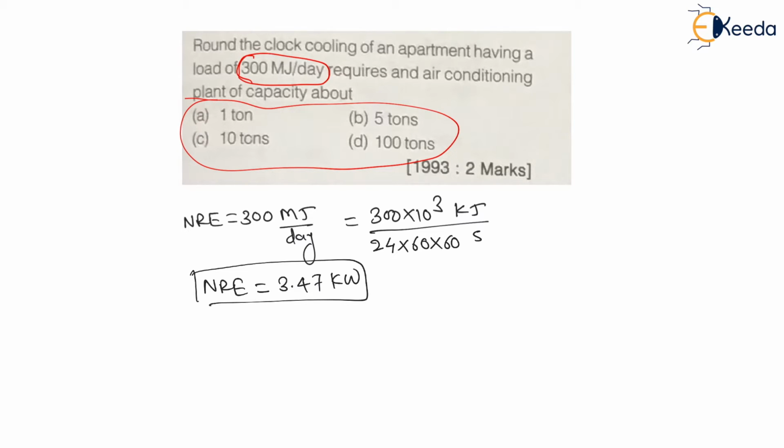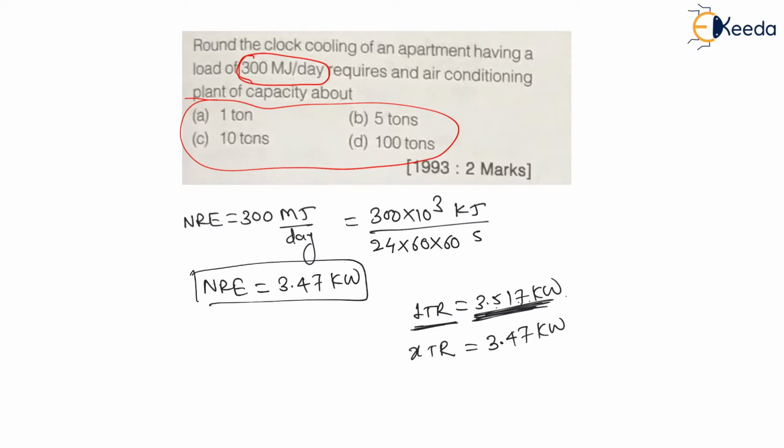Therefore, my dear students, we know that 1 ton of refrigeration is equal to 3.517 kilowatt. Right. So if the net refrigerating effect is 1 ton of refrigeration, then in kilowatt it will have the value 3.517 kilowatt. Then what will be the ton of refrigeration, x ton, if the net refrigerating effect is 3.47 kilowatt?